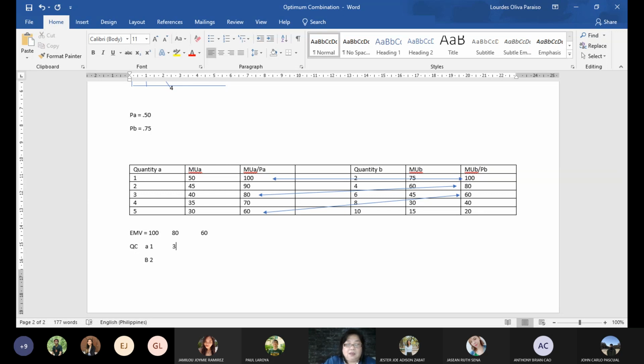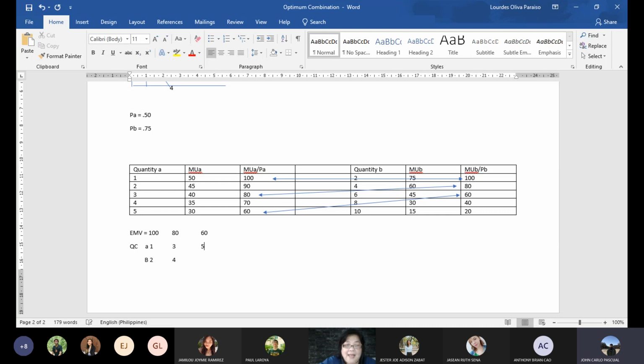Correct? What is your quantity for good B? 4, isn't it? Isn't it 4? Okay, 4. Now, if it is an equimarginal value of 60, what is your quantity of A?